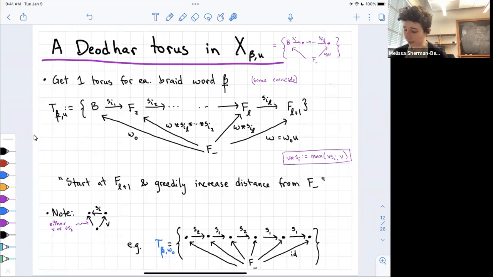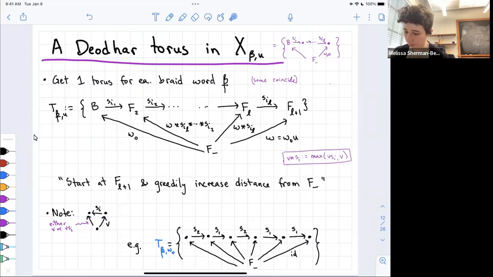Okay, so what does this mean? Say I'm starting at my final flag and I'm stepping back. I know which direction I'm taking the step in. It turns out that in this situation, I know this distance and I know this distance, and there aren't very many choices for what this distance can be. If this distance is v and this one is s_i, the only choice for this distance here is either v or v s_i. To be in the torus, I'm just going to demand that I choose the larger of these two permutations each time I step backwards.